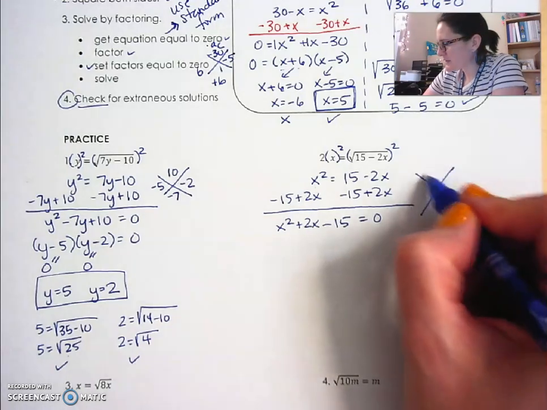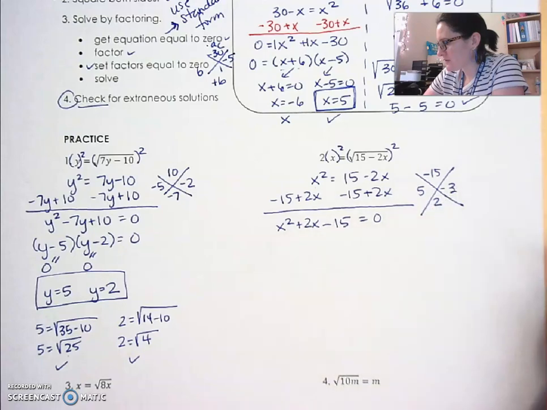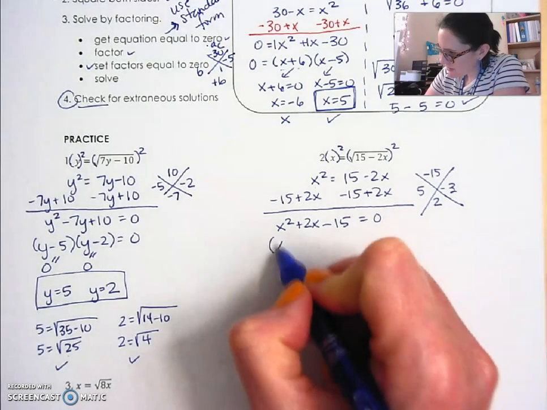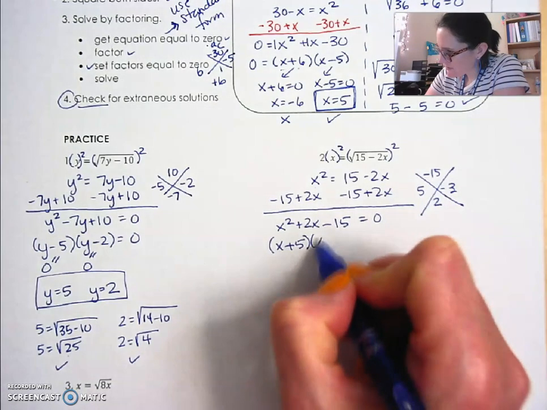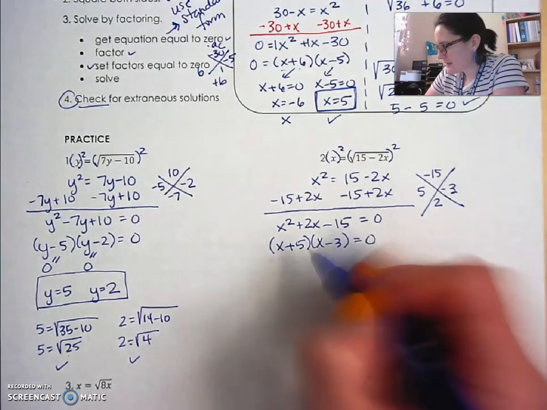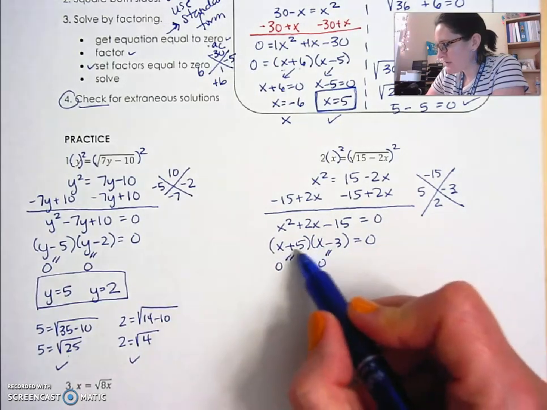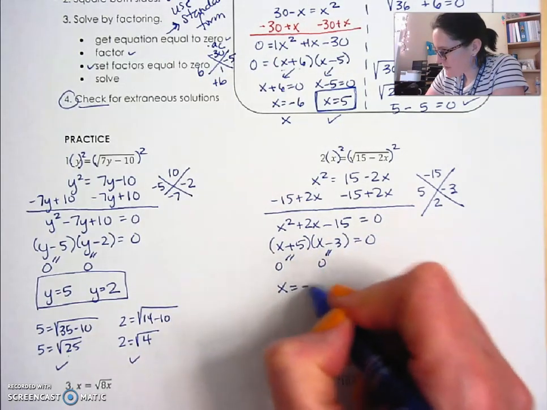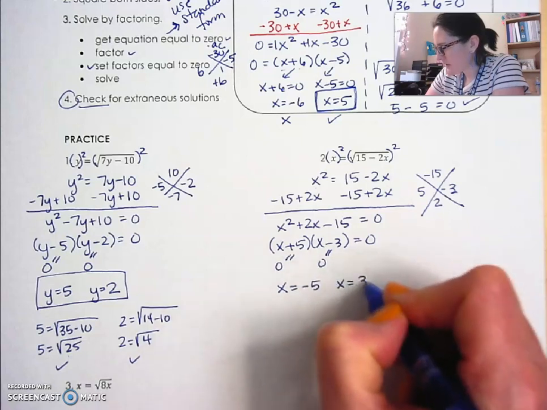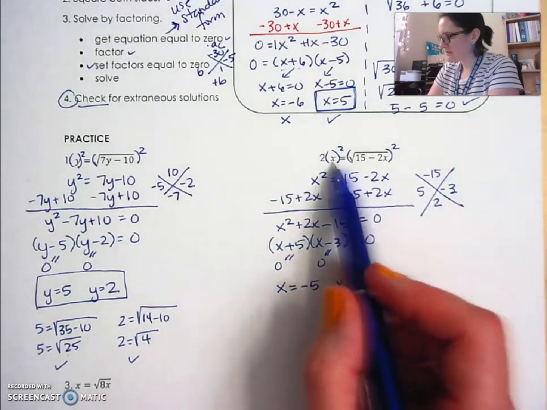So what multiplies to negative 15 and adds to 2, that is 5 and negative 3. So here are my factors. Set them equal to 0. You solve by doing the opposite, so that's negative 5 and positive 3. And I'm going to check those by putting them into the equation.